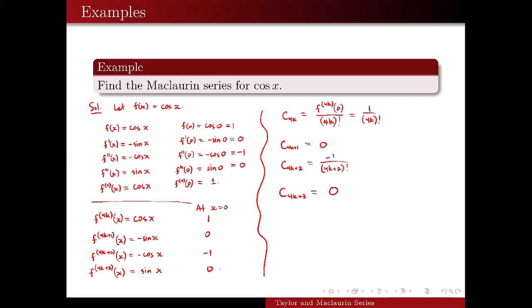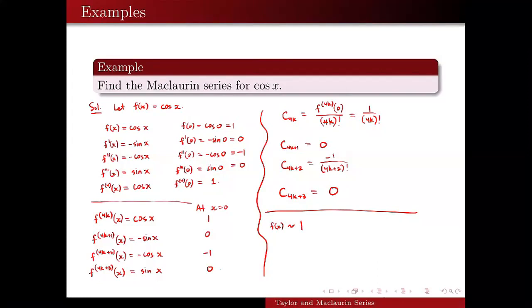So let us see. We have f of x. At the 0th derivative, we'll just have 1 over 0 factorial. And then on the first derivative, we have 0.